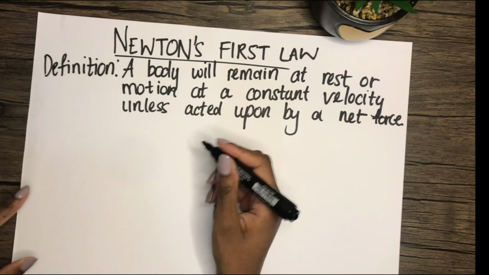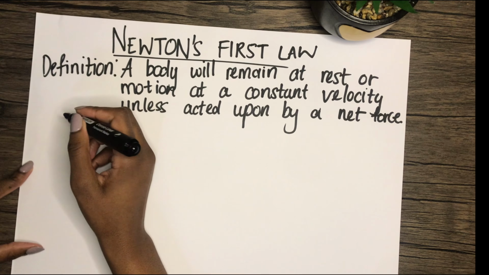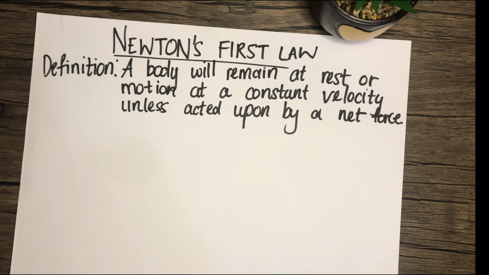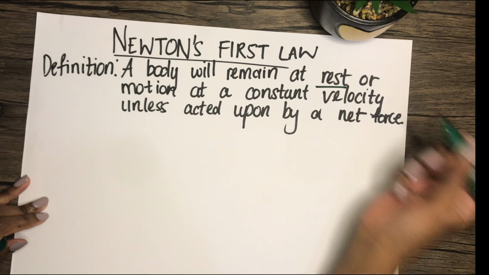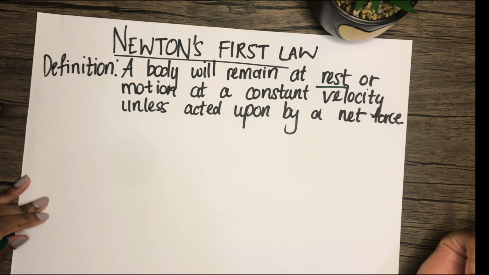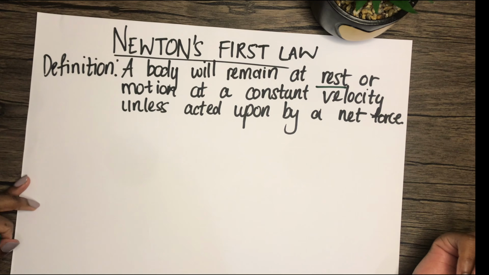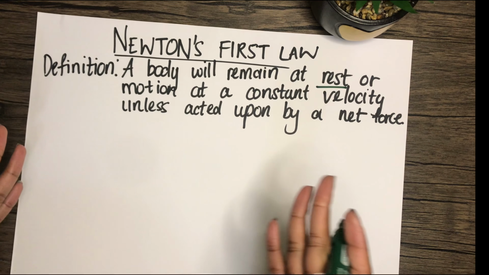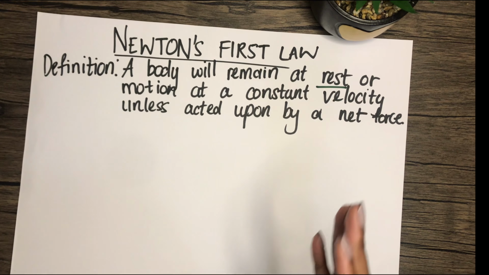So under Newton's law, what is important for you to know and understand? When they say a body remains at rest, I usually make this example: I'm that person who doesn't like people moving my things around. If I leave my phone here, then I want to find it here.